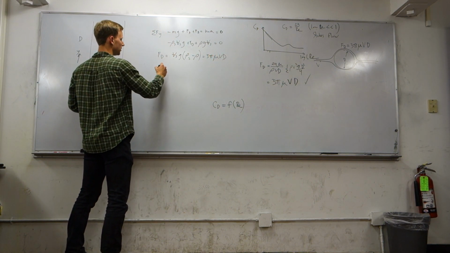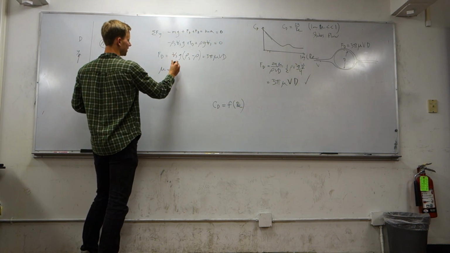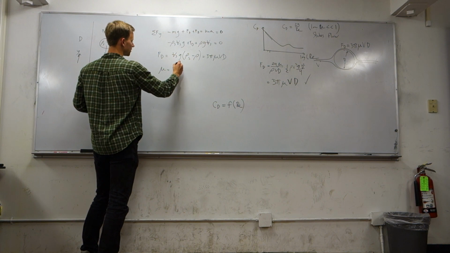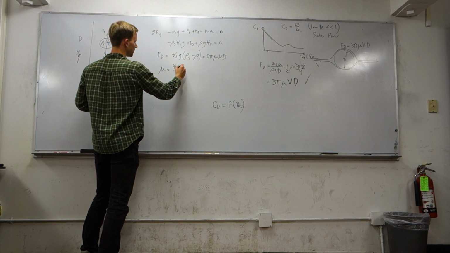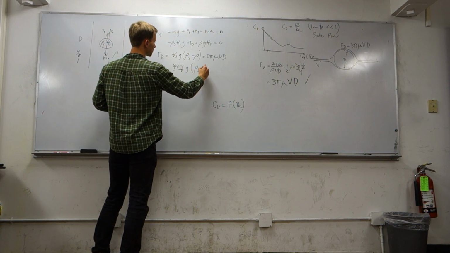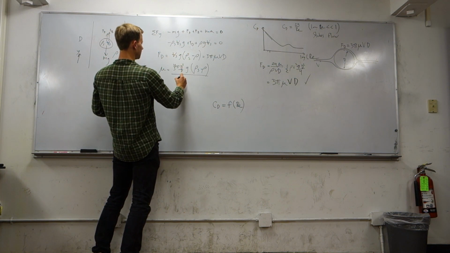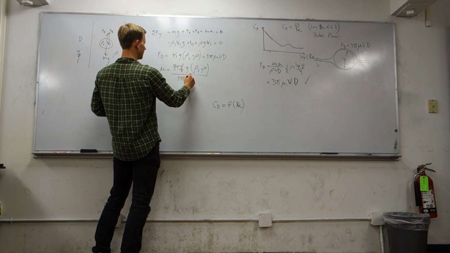So then mu is equal to, V sphere is going to be 4/3 pi (d/2) cubed, times g times rho sphere minus rho, divided by 3 pi v times d.